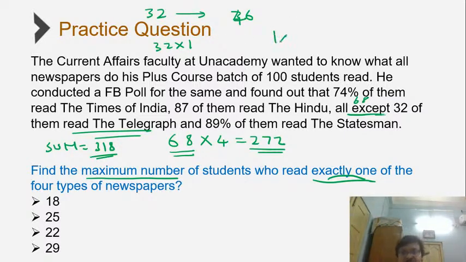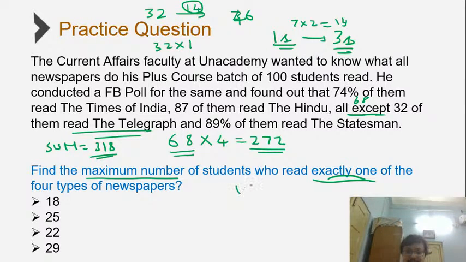I have to move some people from the ones to the highest possible category, that is the three newspapers category. How much is the deficit? The deficit is 14, which means to make up for 14, I need to move 7 people from the one newspaper category into the three newspapers category so that they overcome a deficit of 7 into 2, that is 14.